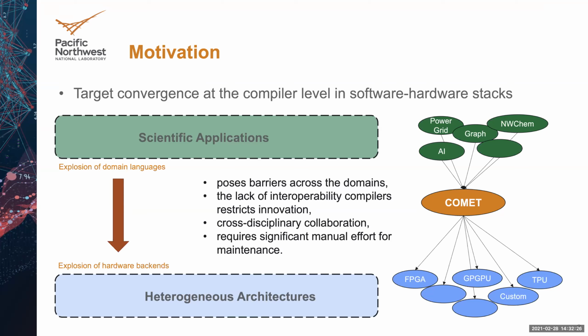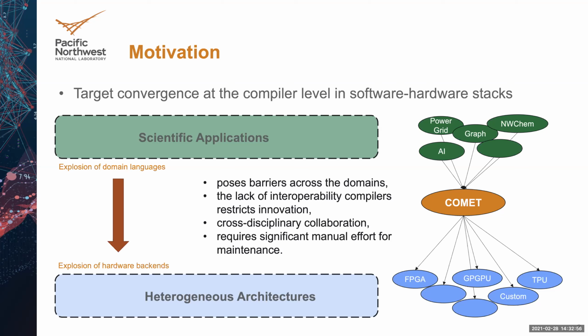Here on the right-hand side, there are many domain-specific languages or frameworks, and underneath we are seeing a lot of specialized architectures. When we think about the one-to-one mapping from one domain-specific language to a heterogeneous system, this is causing a lot of barriers across the domains and also a lack of interoperability across compilers.